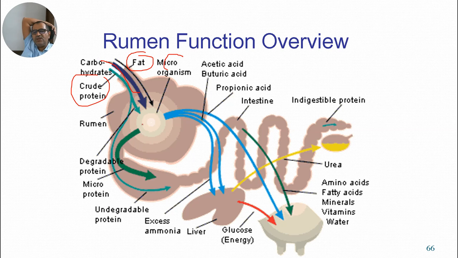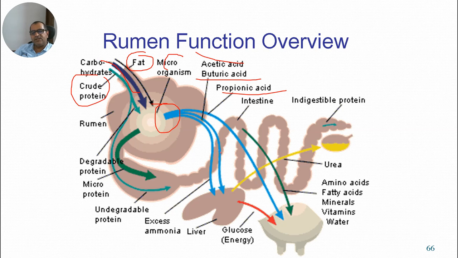Then the bacterial microflora convert the starch into acetic acid, butyric acid, and propionic acid, and these are called VFAs, volatile fatty acids. All these will enter the liver, where glucose is converted, and ultimately the intestine is going to absorb the crude protein.